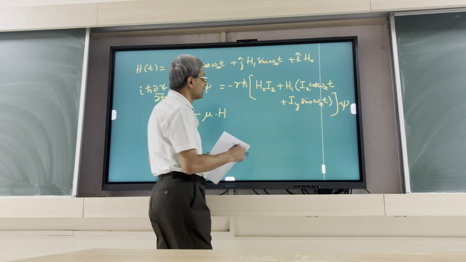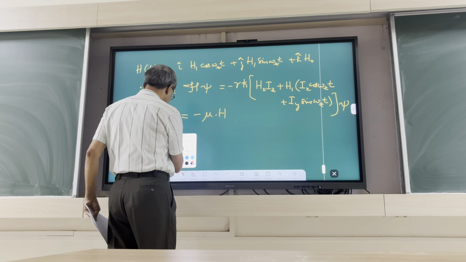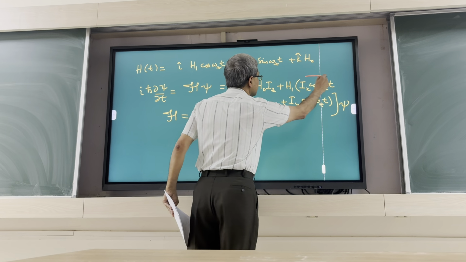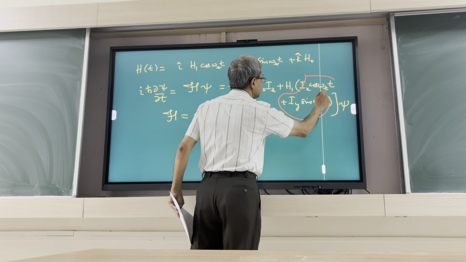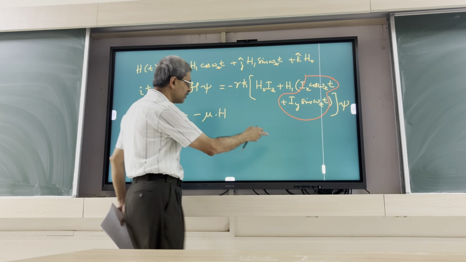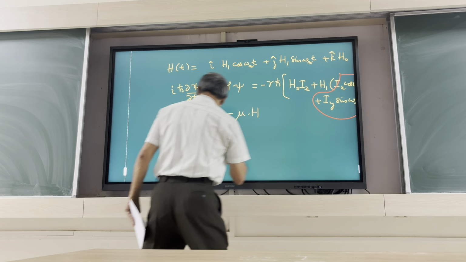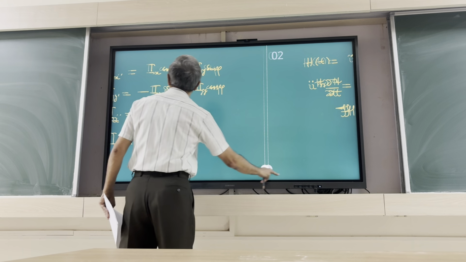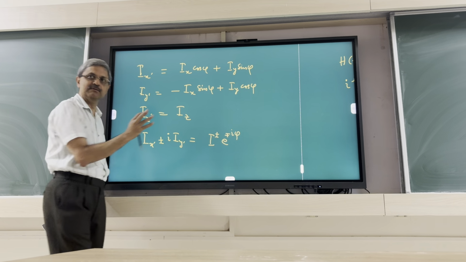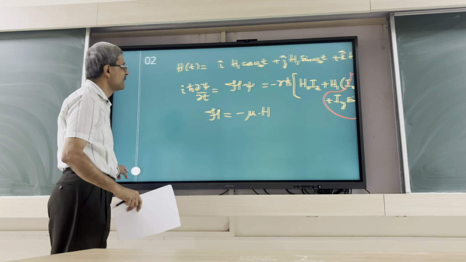So what is this quantity? This is just Ix cos omega t plus Iy sin omega t. That is Ix prime. So that operator there is Ix prime.